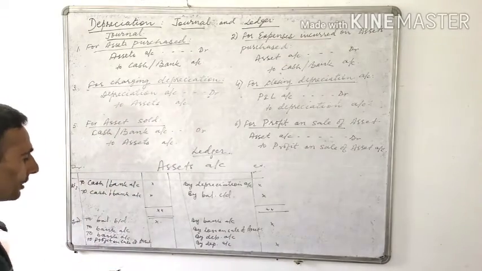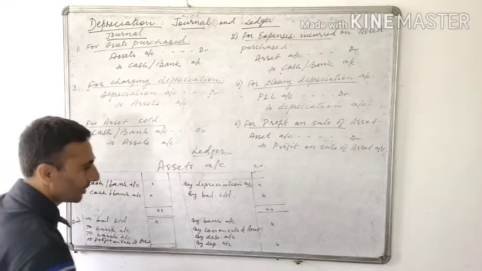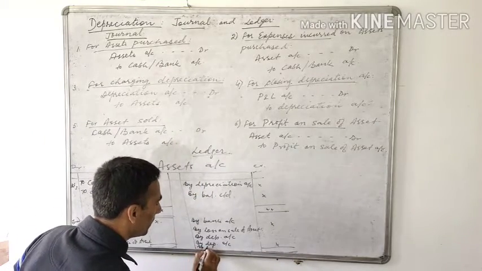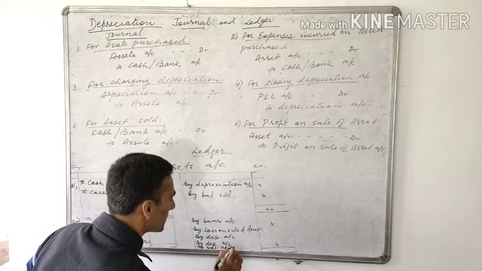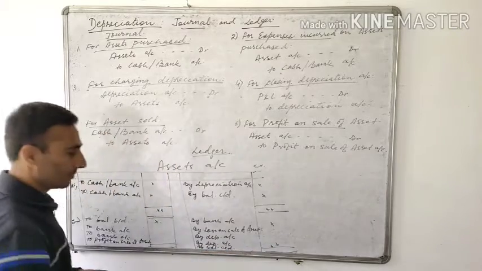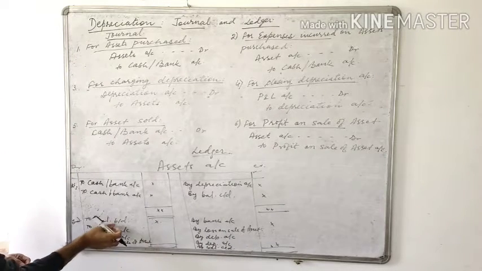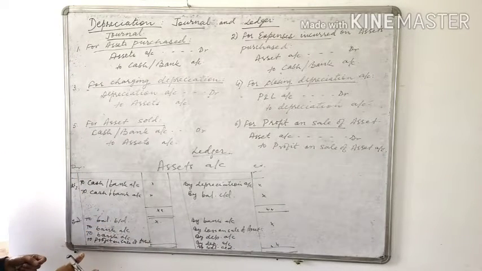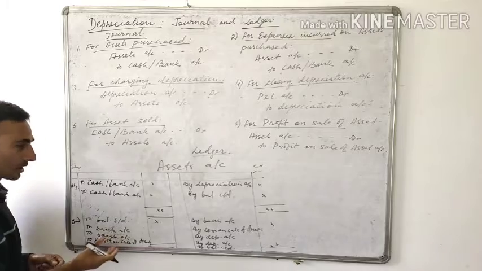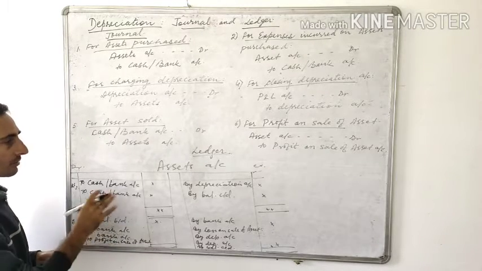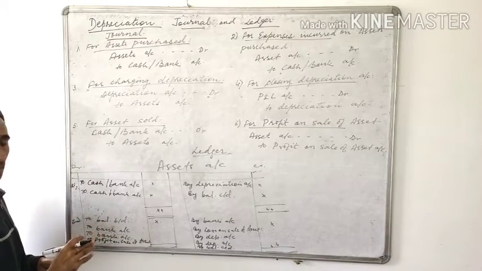After that, we will balance this one, and here we'll get the balancing figure by balance c/d. This is your balancing figure. Again, this balance c/d will become to balance b/d like this, and again this will continue for the number of years as asked in the question. Right? So this is how asset account is prepared.